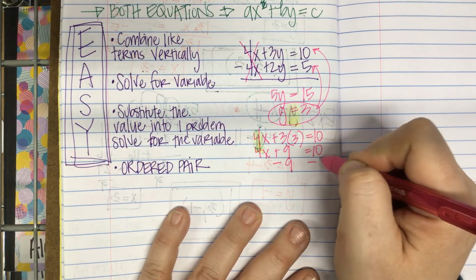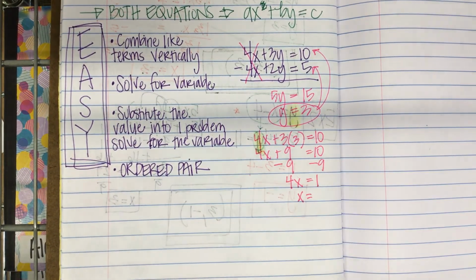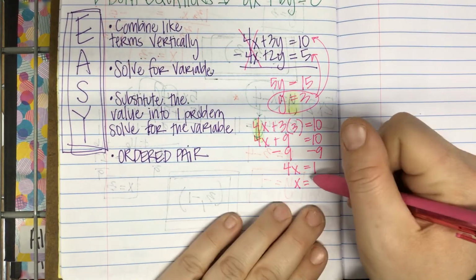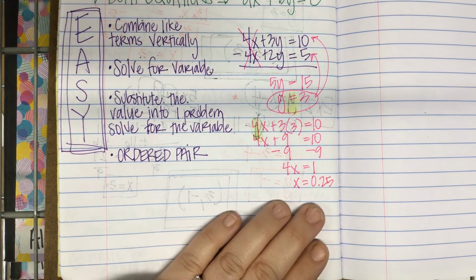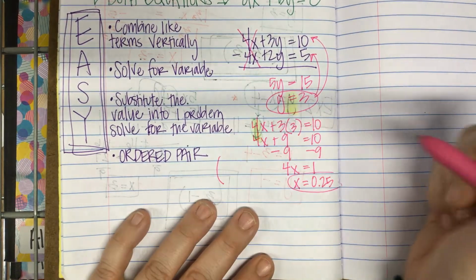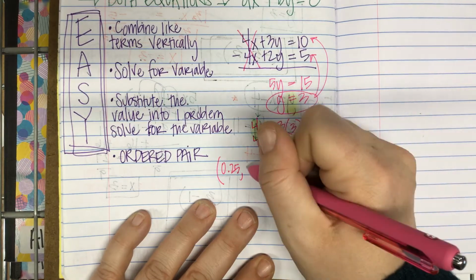Minus 9 minus 9, 4x equals 1. What does x equal? 1/4, 0.25. All of those are the same. The answer is an ordered pair, 0.25 or 1/4, comma, 3.